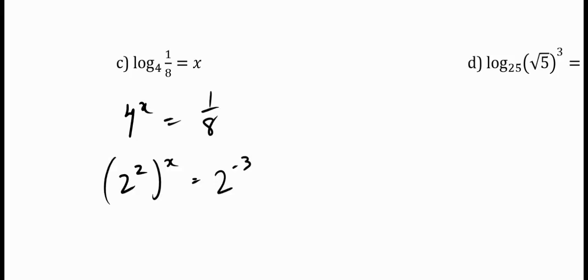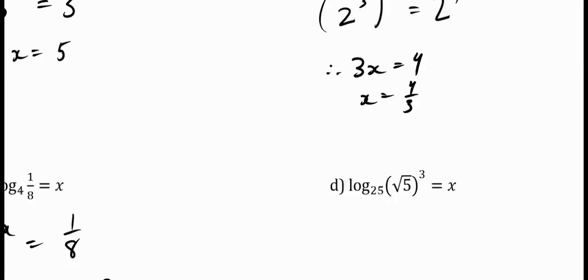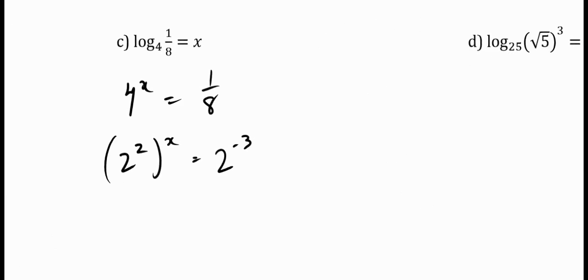People get a fraction result confused with a fraction exponent. We don't have an example of that yet, but up above we looked at a fractional exponent. So this is 2x equals -3 and x equals -3 over 2. So -1.5, but I never would have guessed that it would work out that way.